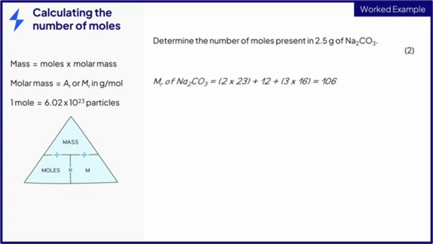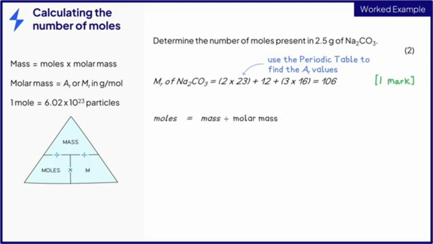We do this by adding up the relative atomic masses of all the atoms within the compound, which contains 2 atoms of sodium, 1 atom of carbon, and 3 atoms of oxygen, giving a relative formula mass of 106, which will gain 1 mark. Remember that you should use the periodic table to obtain the relative atomic masses of each element.